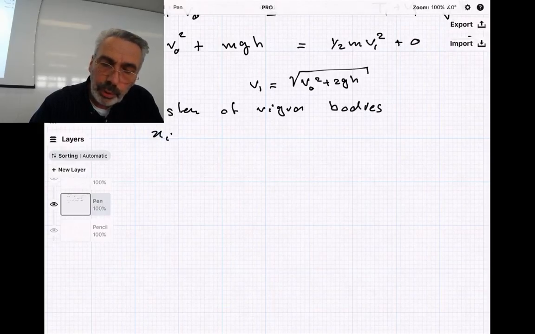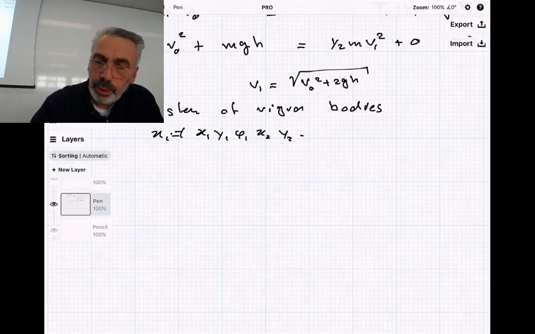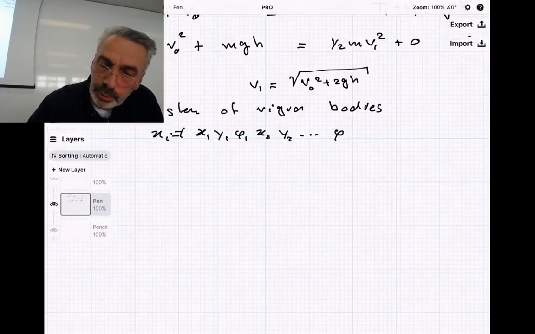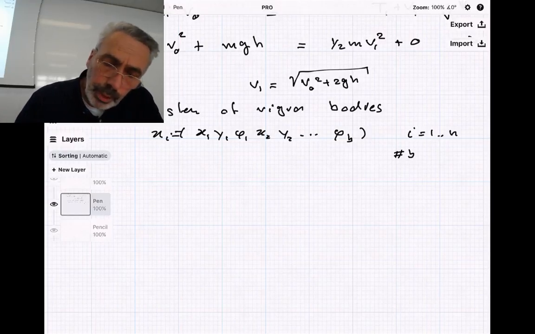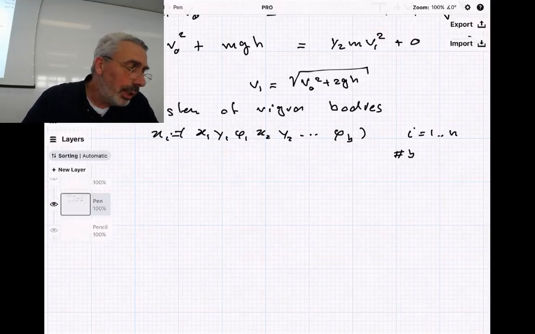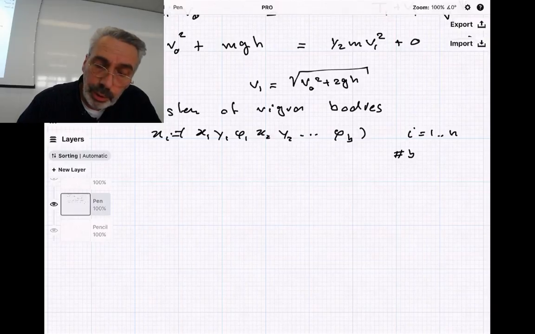Remember, we had all these coordinates, x1, y1, phi1, x2, y2, etc. until phi b, where b is the number of bodies. So this runs from 1 to n, and these are the coordinates.